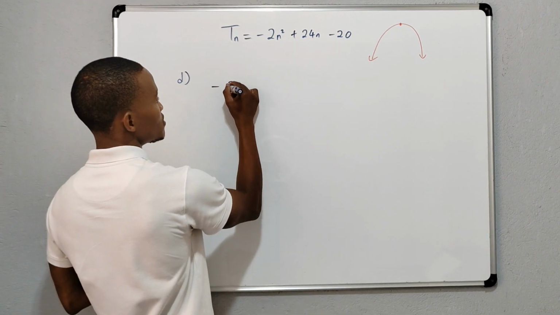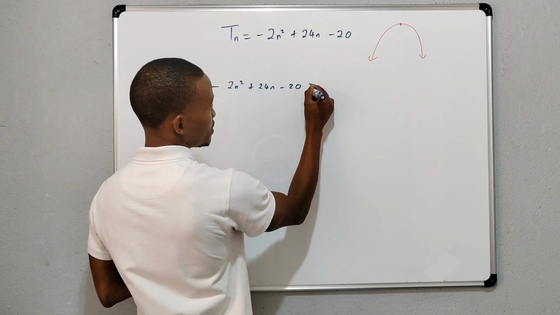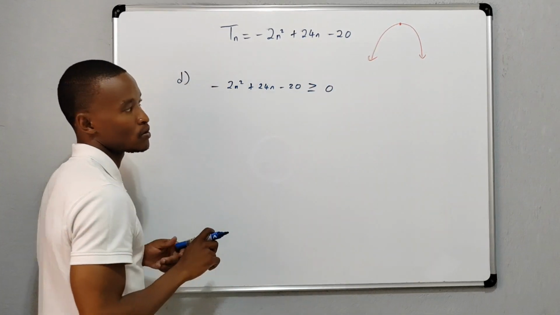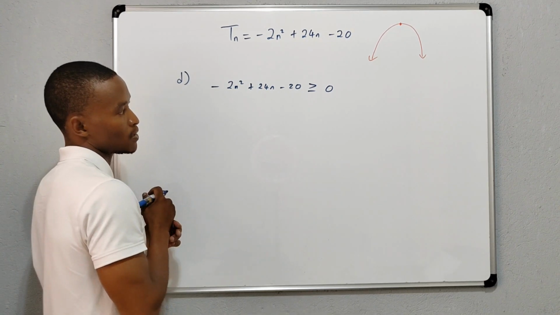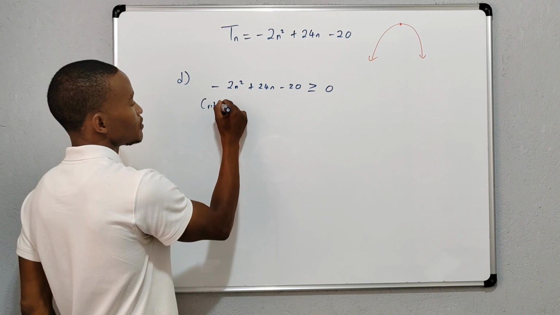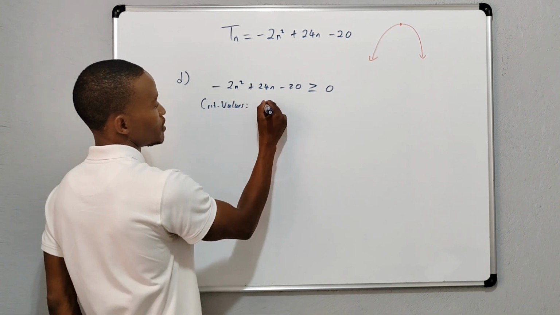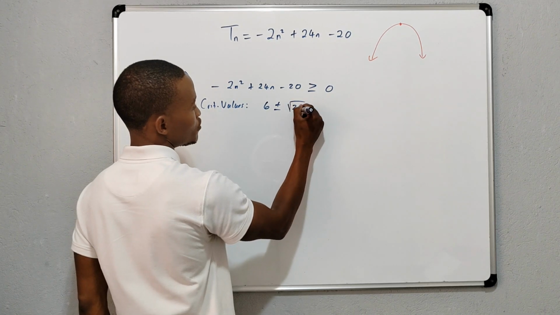So this expression right here must be greater or equal to 0. Okay, how do we proceed? Factorization or just using quadratic formula? Your critical values here are 6 plus or minus square root of 26.